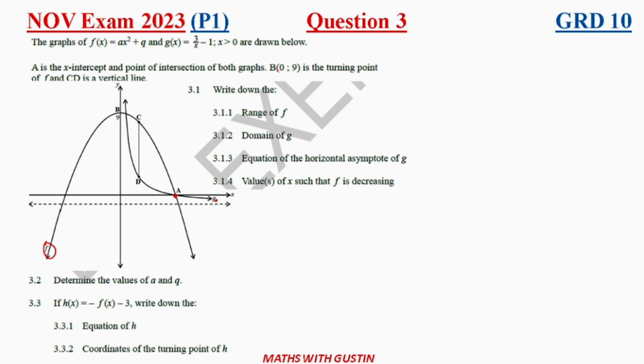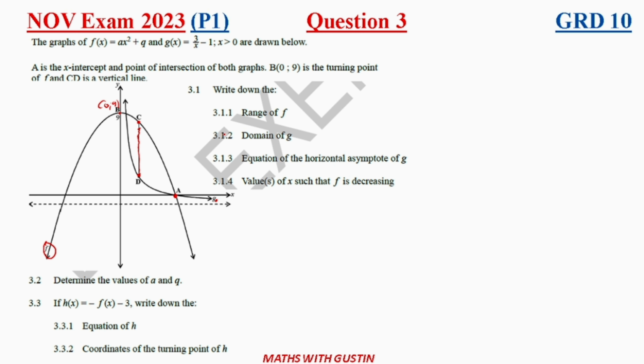And B is given by the coordinates (0; 9), and is the turning point of f, which is the parabola. CD is a vertical line, so this CD here is drawn. It is a vertical line. There it is here.